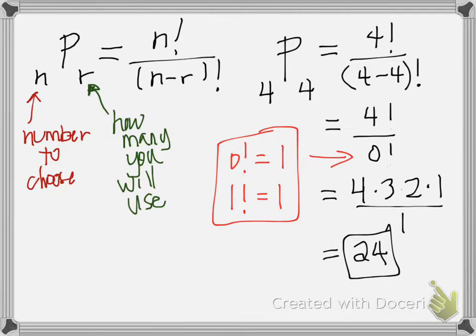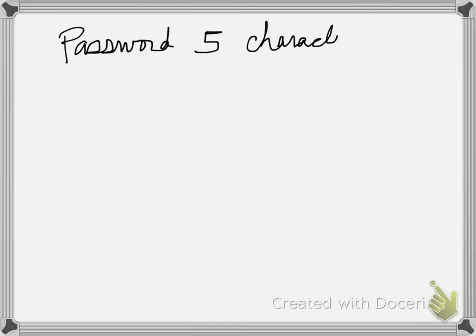Let's look at that. So suppose that I had, I'm going to make a password, okay? So my password, I'm going to say it's going to be 5 characters. So that means I need 5 things, right? And I'm going to choose from the alphabet.